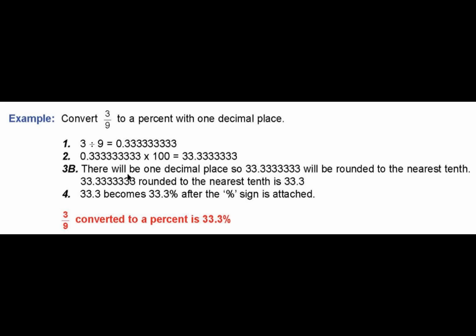Since there will be one decimal place, 33 point repeating decimal of 3 will be rounded to the nearest tenth. 33 with a repeating decimal of 3 rounded to the nearest tenth is 33.3.